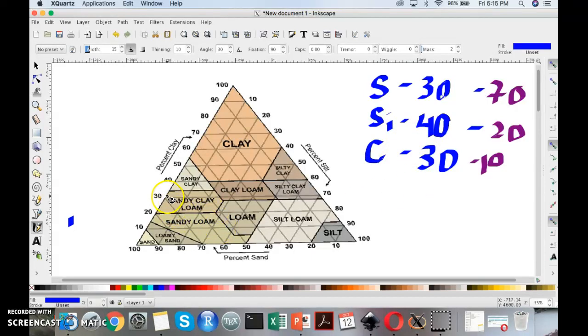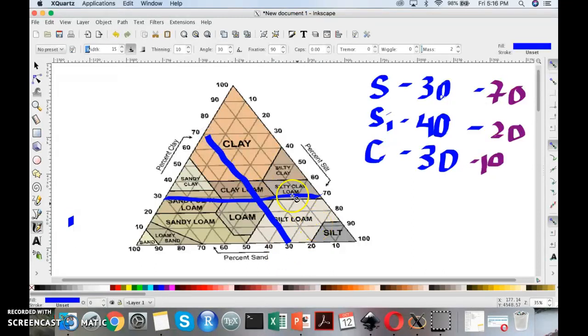So I said 30% clay, this is the clay. So 30% clay, somewhere in that spectrum. I said 30% sand, so it's going to be, oh, I'm so sorry. Let's go back. 30% clay actually goes down this way. 30% sand is going to go down this way.